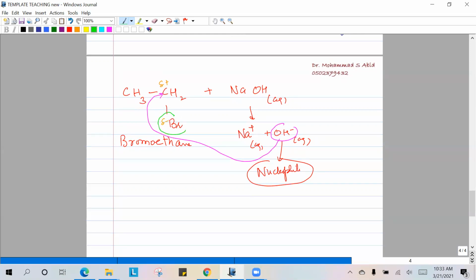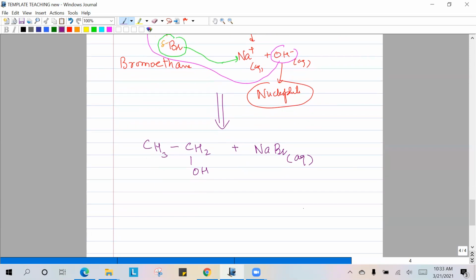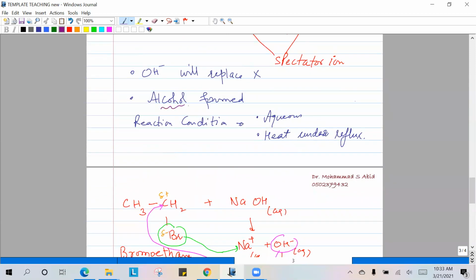The Br will go out and attach to the sodium. At the end, what you get is CH3CH2OH, with the OH in place of the Br, and the Na plus combines with the Br to give NaBr. Sodium salts are soluble in water, so it is aqueous. You are getting ethanol, so an alcohol is formed.